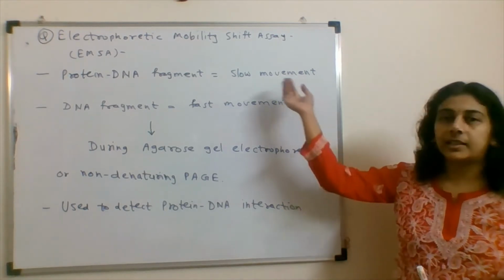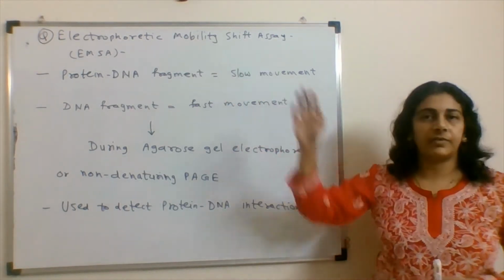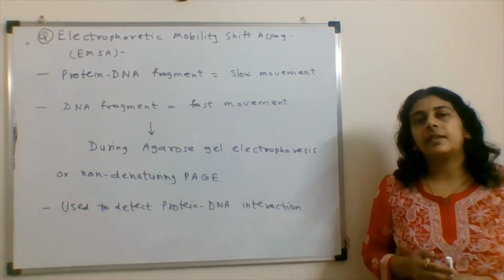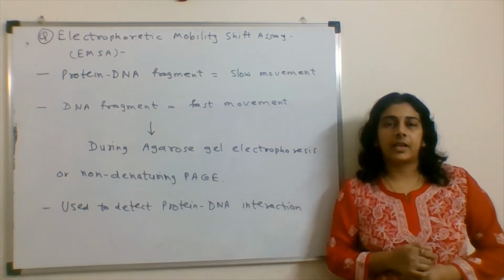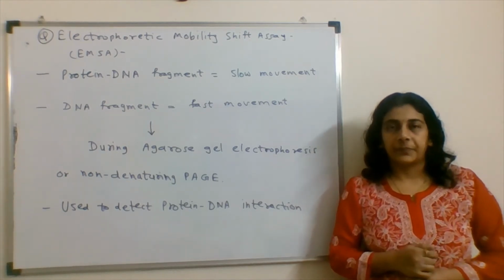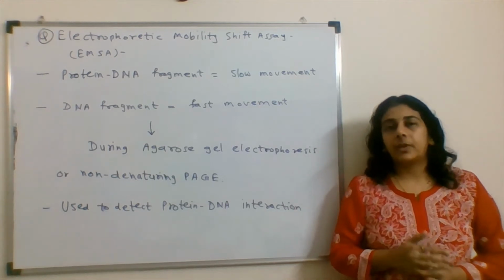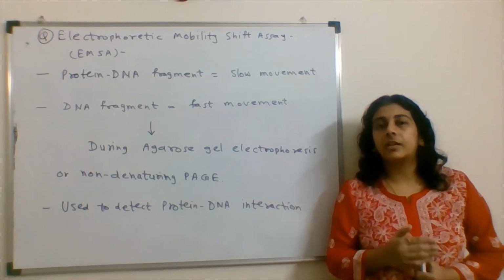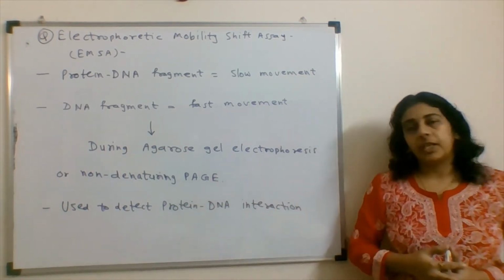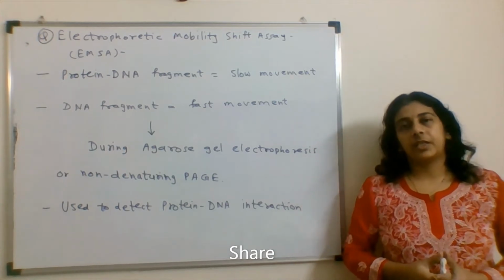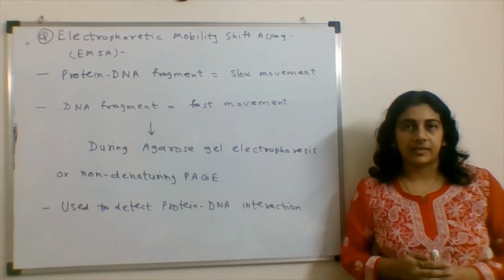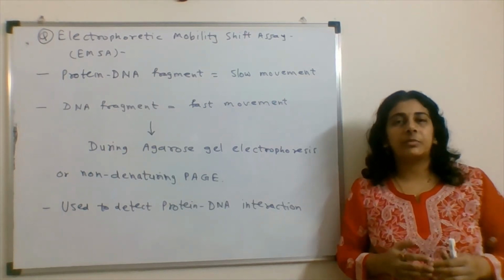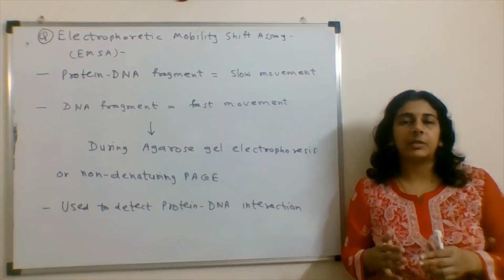Yes, moving to another technique, electrophoretic mobility shift assay. This is EMSA. See, this is the technique where the protein-DNA interaction is recognized. It is observed that when DNA is run on the agarose gel electrophoresis or non-denaturing polyacrylamide gel electrophoresis, it moves faster as compared to DNA and protein together.